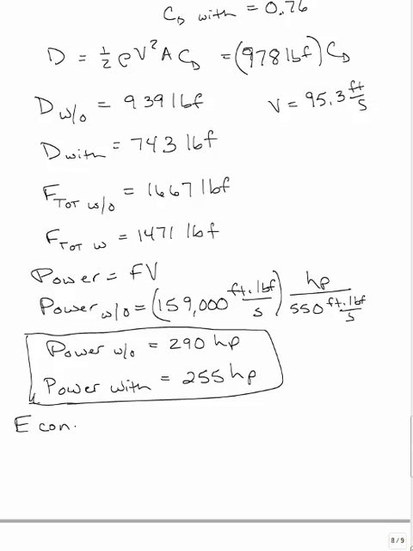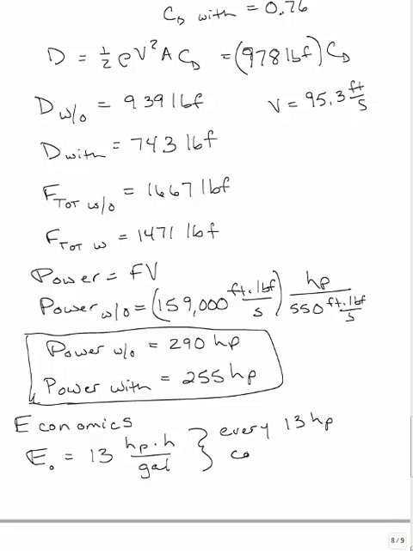I looked up a typical economics factor online, and I found this, and I can't remember what it was called, but it said 13 for a semi-truck horsepower hours per gallon. And what that means is every 13 horsepower consumes 1 gallon per hour of fuel.